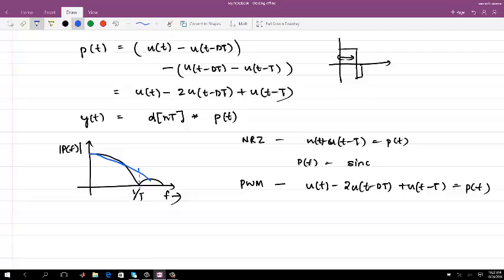So to a given extent, the PWM pulse waveform provides wider equalization, because NRZ has a null at 1 over T, but the PWM pulse doesn't have it.